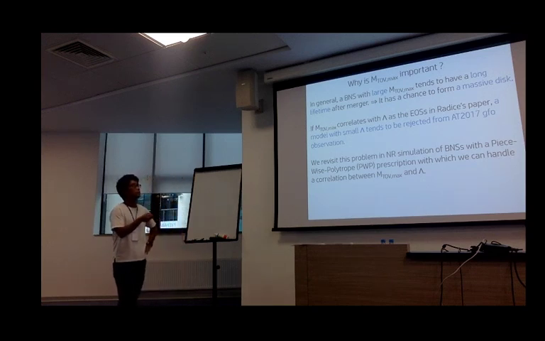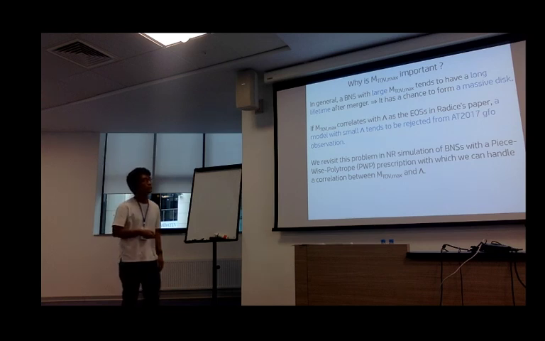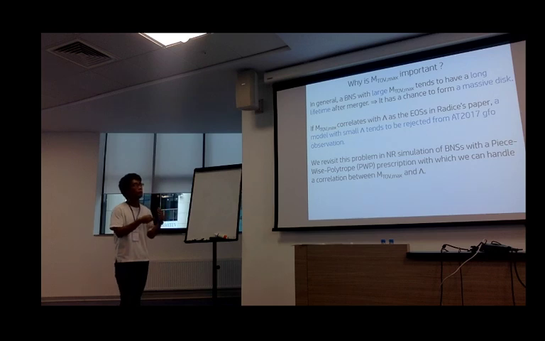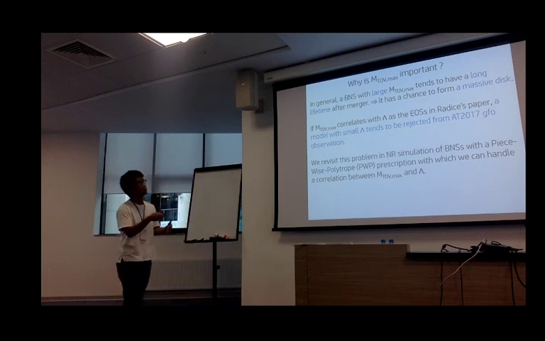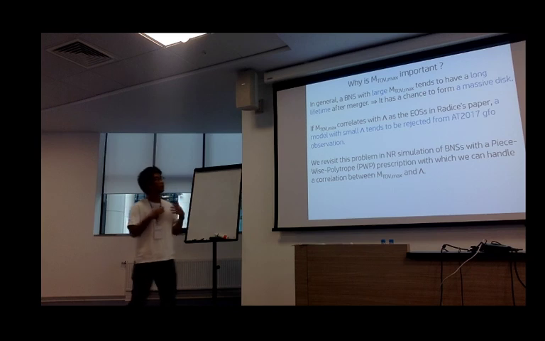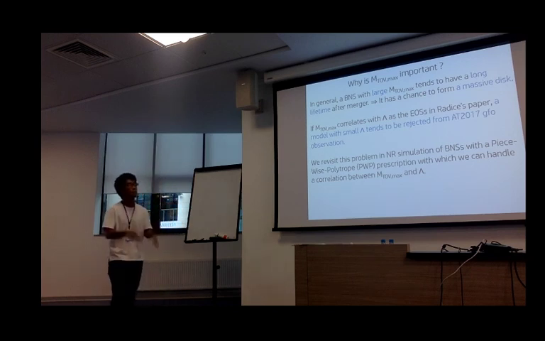If the maximum mass correlates with the tidal deformability, as in the equations of state in Radice's paper, a model with small tidal deformability tends to be rejected from the EM counterpart observation because such a model doesn't have enough time for angular momentum transport. As a result, the disk mass could be small.